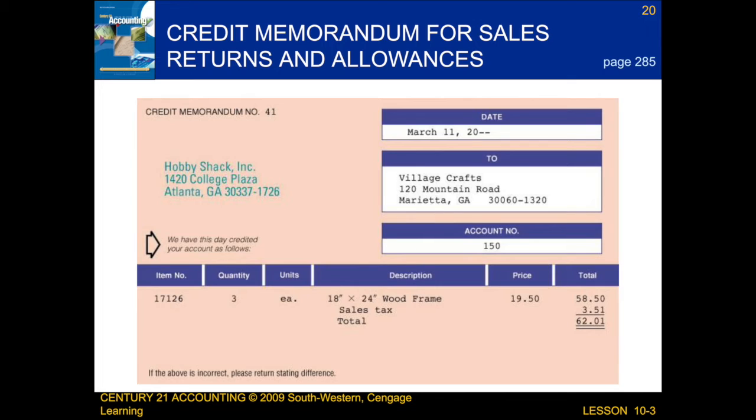The way that's calculated is by taking the quantity and multiplying it times the price. We then add that number to the sales tax amount, which is $3.51, and that will give us the grand total amount, which is $62.01. And it says down here, if the above is incorrect, please return the stating difference.